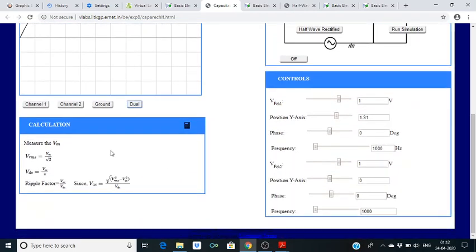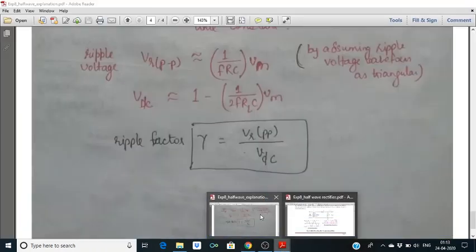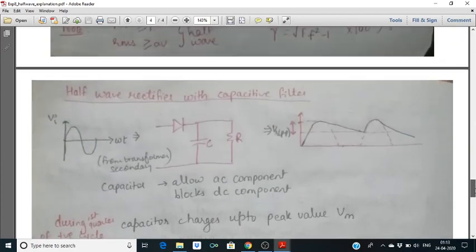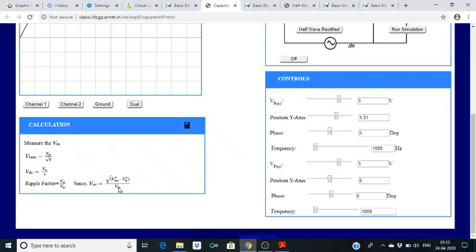Here also you will find the maximum peak voltage of the input voltage, Vm. Then accordingly you will calculate VRMS. You will calculate VRPP, the ripple voltage actually, and this is the ripple voltage, and then you can find the ripple factor.